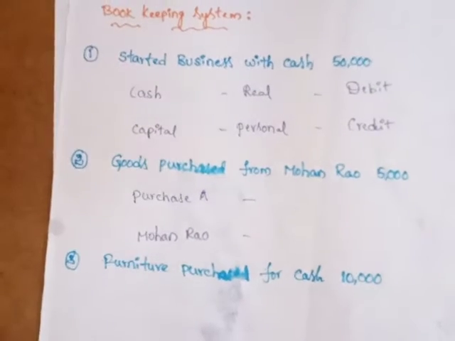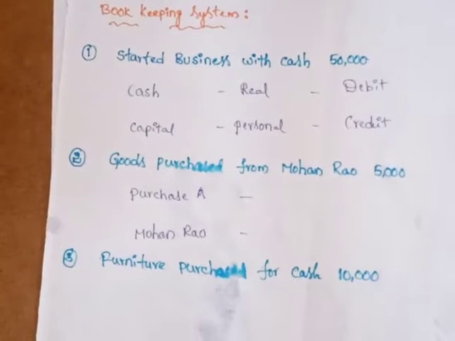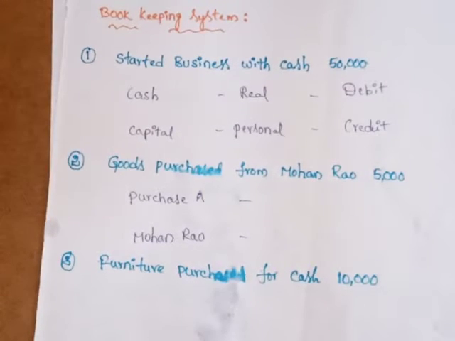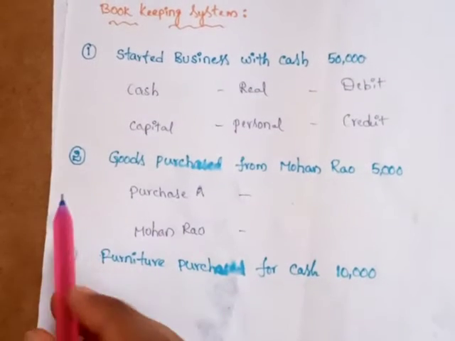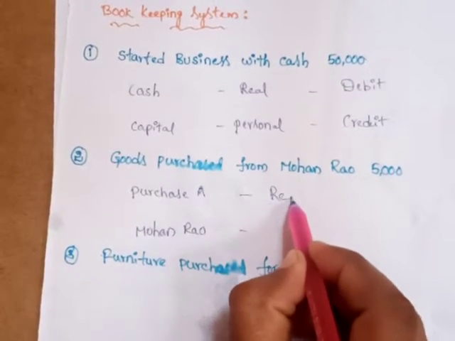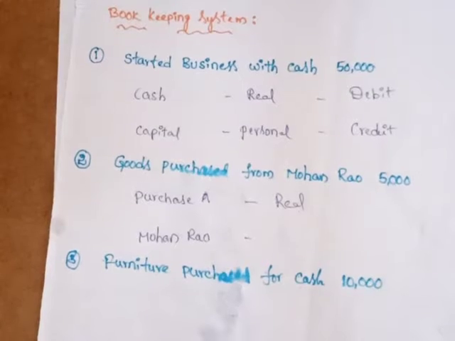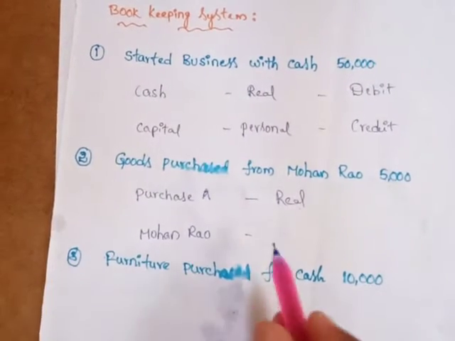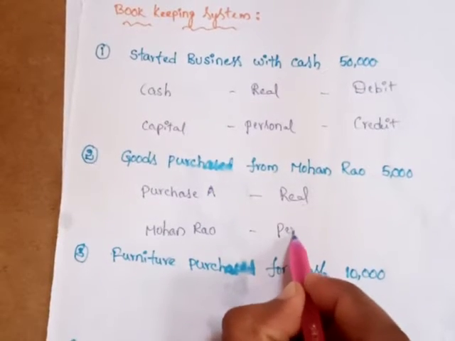Purchase, here we purchased goods, which is an asset, that's why it's a real account. And Mohan Rao is a person, so that's why it's a personal account.